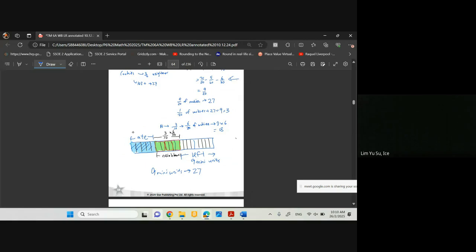So you want to find 6 mini units that is given to the neighbor. So it's 27 divided by 9 times 6. That will give you 18 as well. So that's the model drawing method.